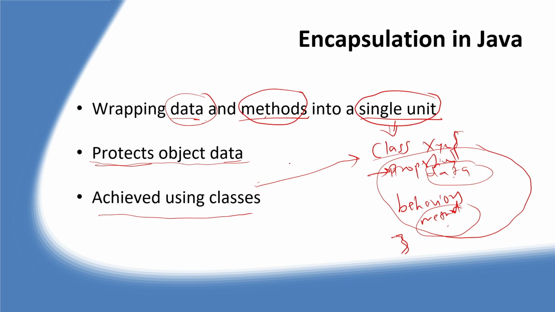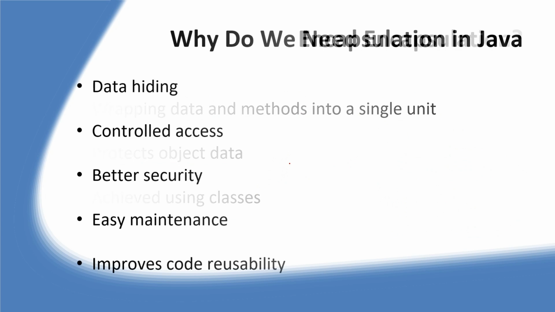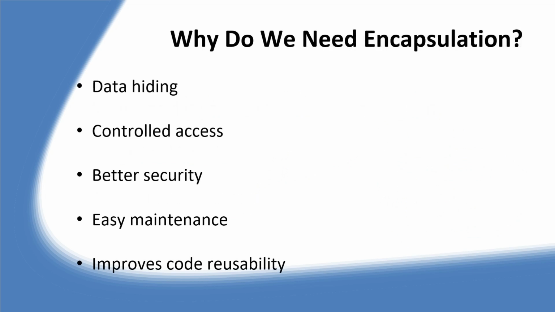Now let's think about why we need encapsulation. Without encapsulation, anyone can directly access our object data, and access and modify it, which may lead to invalid or inconsistent values. So let's say we have one class, Student, and in this class we have data, let's say int age.